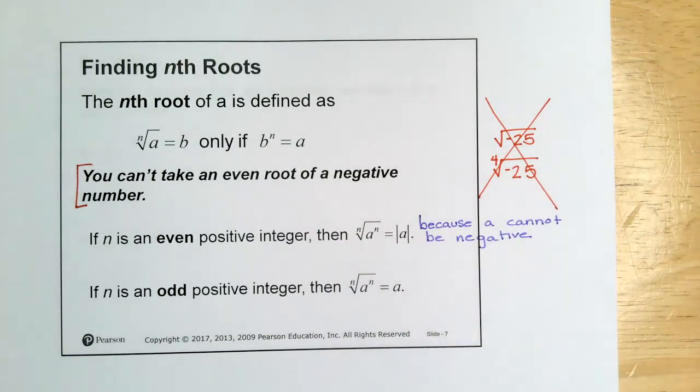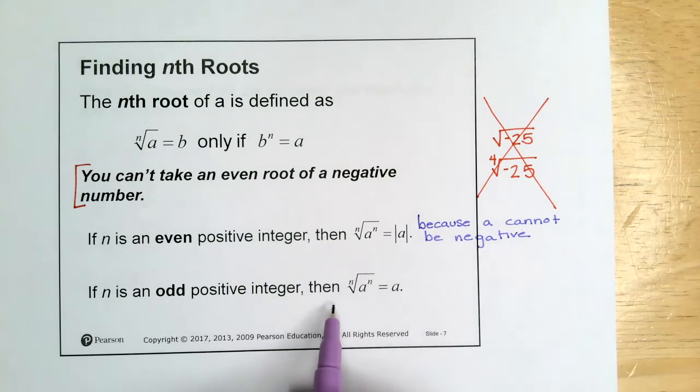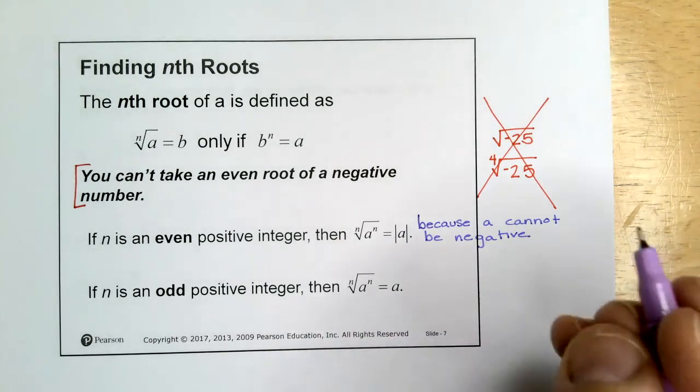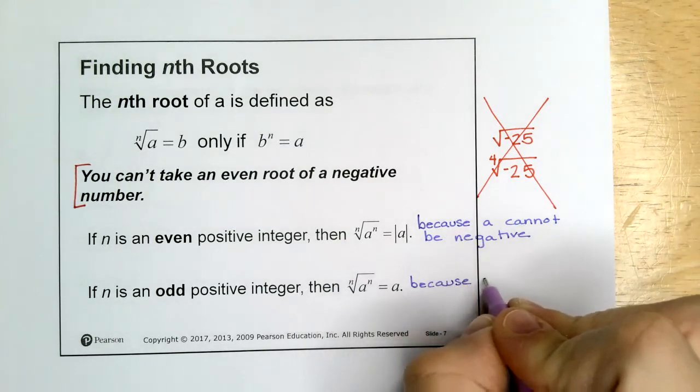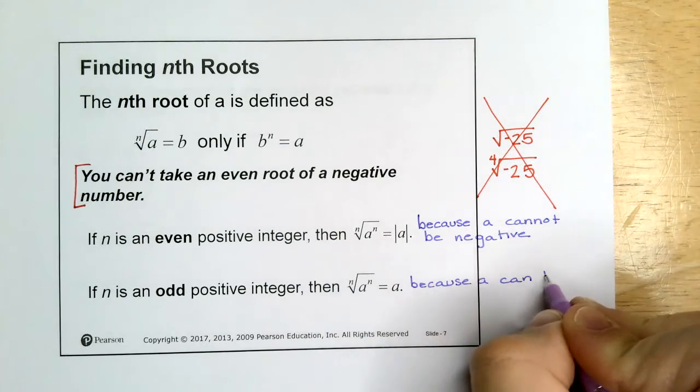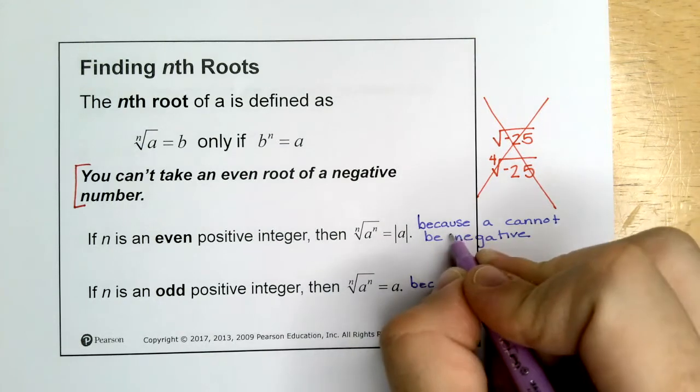Okay. If n is an odd positive integer, then it does not need absolute value bars, because a can be negative.